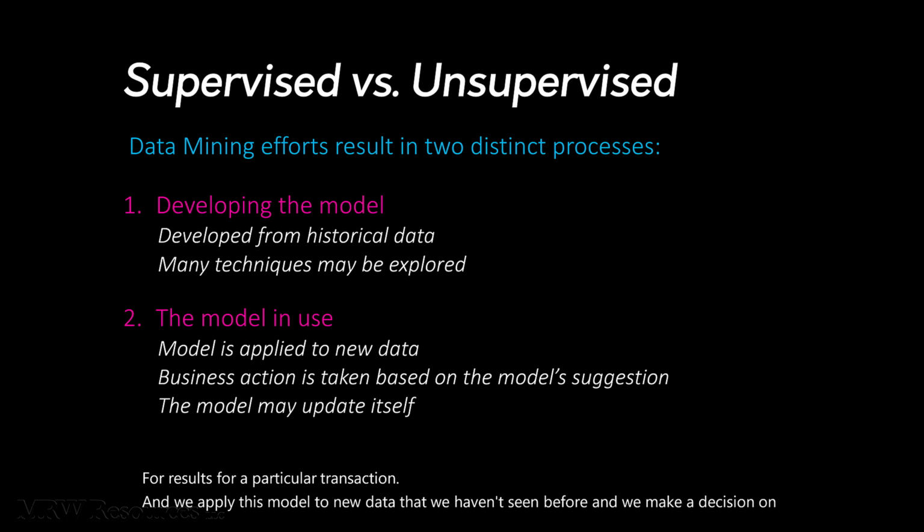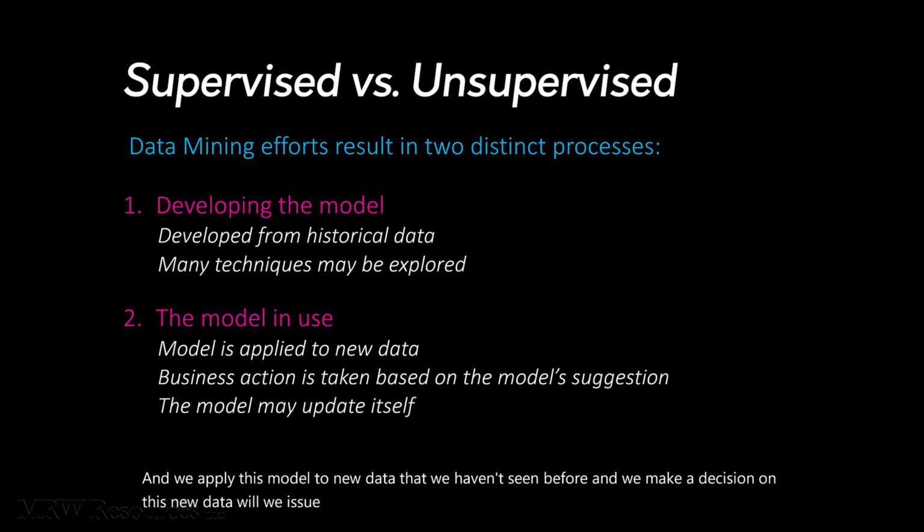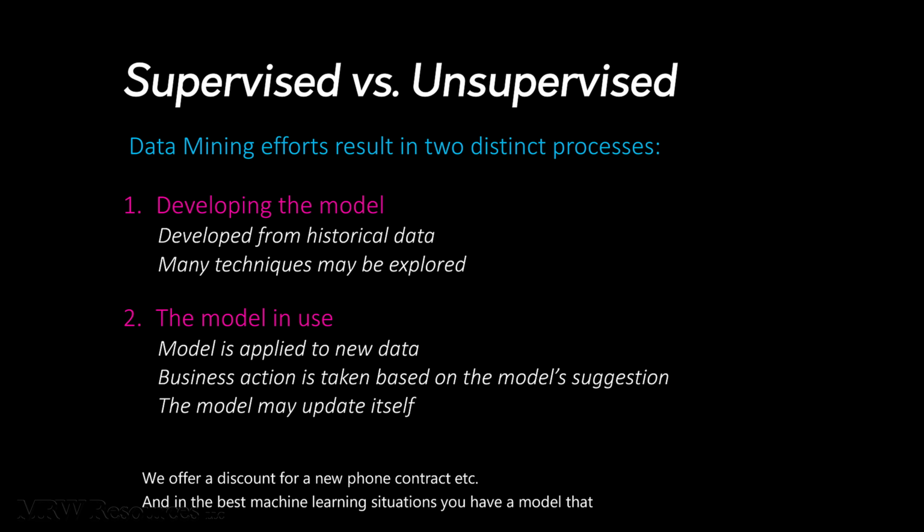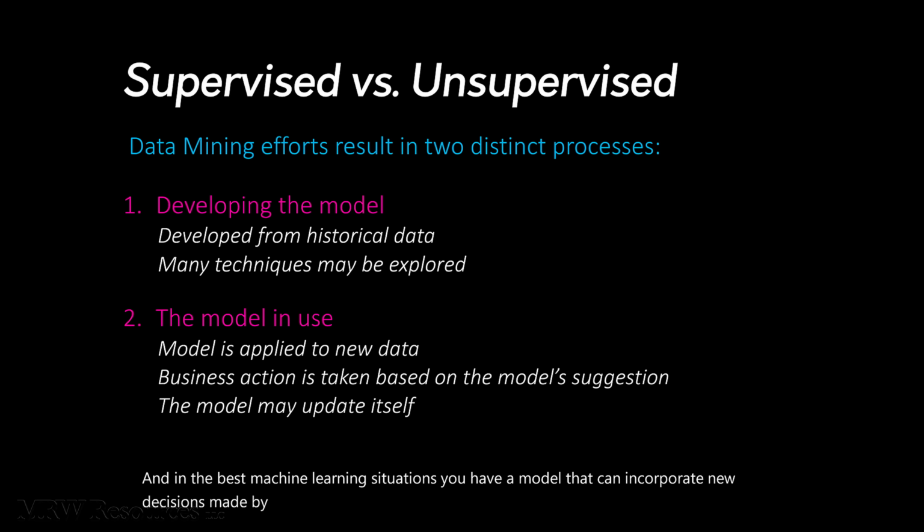Will we issue this person a new credit card? Will we approve this loan? Will we offer a discount for a new phone contract, etc.? And in the best machine learning situations, you have a model that can incorporate new decisions made by your population and have the model update itself.